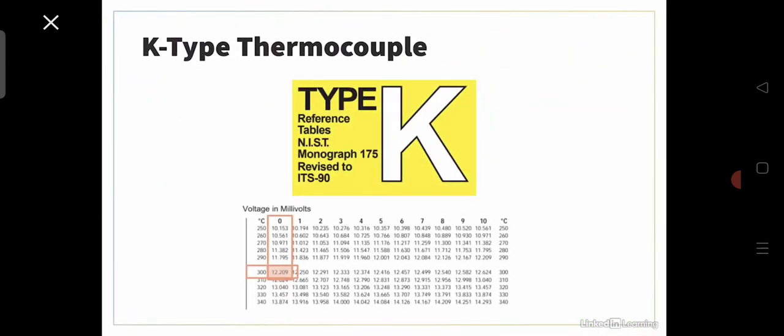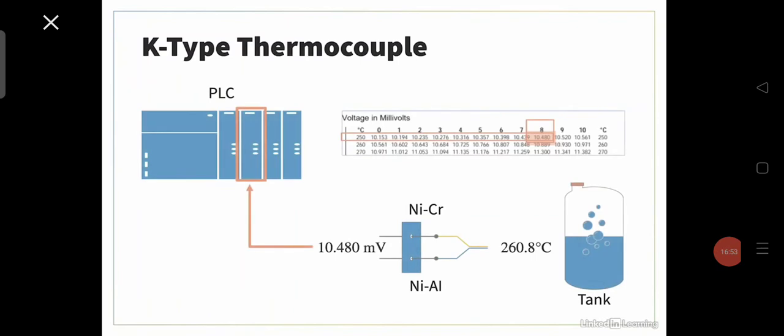For the K-type thermocouple, if the temperature on the measuring junction is 300 degrees Celsius, then according to the table, the thermocouple is going to give an output of 12.2 millivolts. If the temperature on the measuring junction is, for example, 260 degrees Celsius, then the output voltage is 10.48 millivolts.